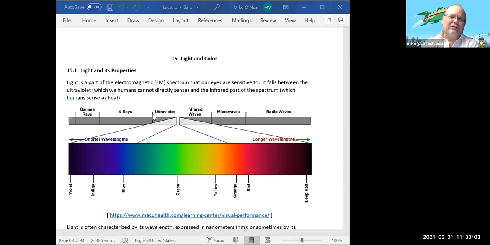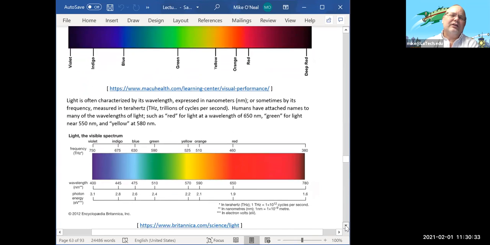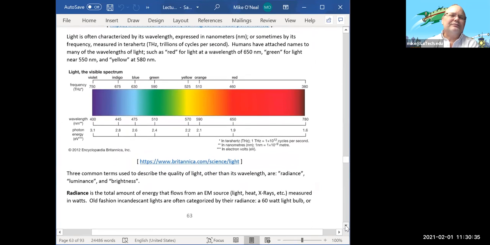That's how our cell phones communicate with one another. So the point is there's nothing different between a microwave, the color green, or an X-ray except the wavelength and the frequency of the EM energy.